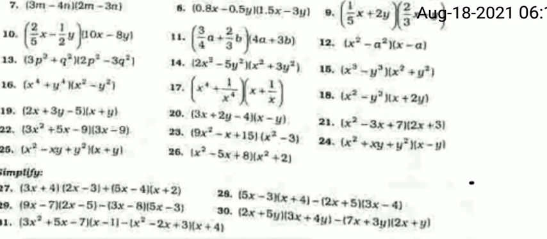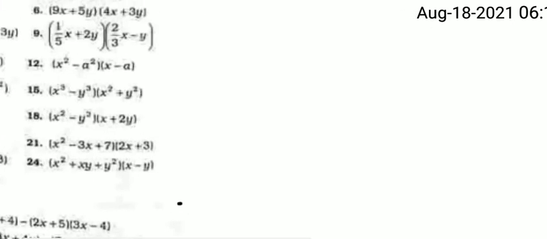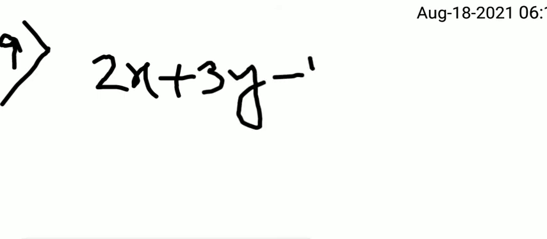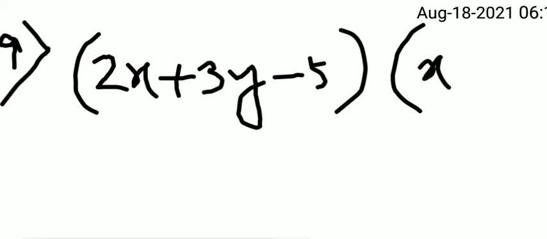Okay, so I am going to write this one. Question number 19: 2x plus 3y minus 5 multiplied with x plus y.